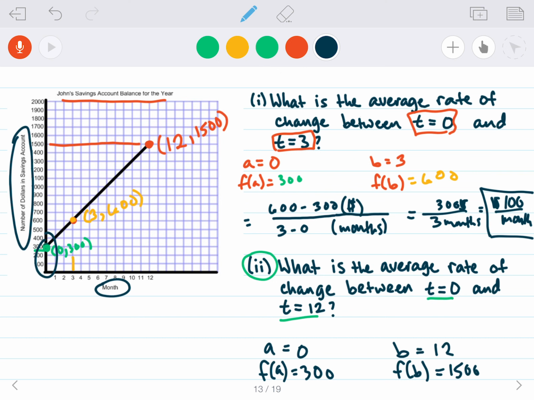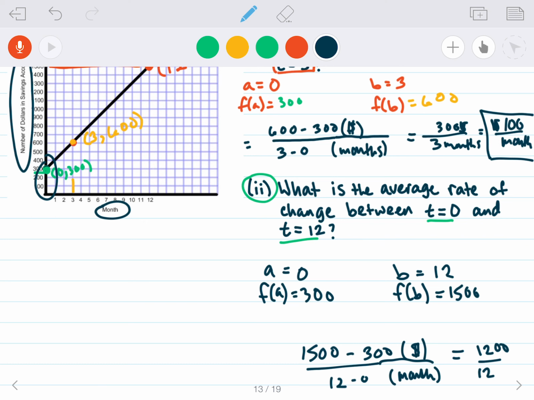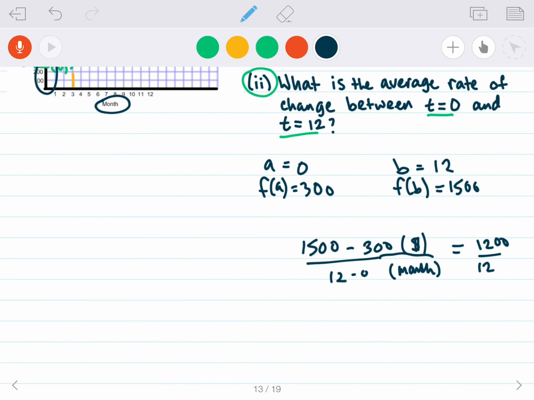Now let's use our average rate of change formula: f of B minus f of A over B minus A, and again, this is in dollars per month. Okay, so 1500 minus 300 is 1200 over 12. Compute it. And that's going to just be $100 per month.